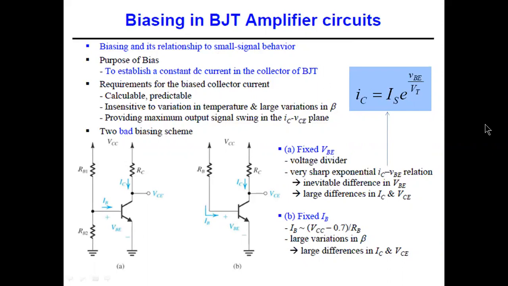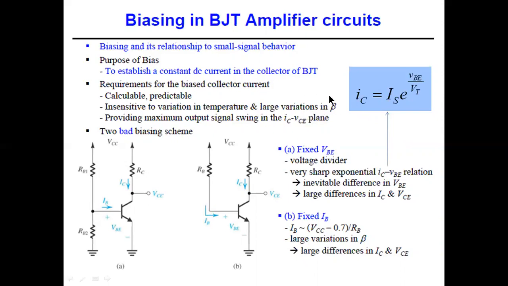To have it constant, the biased collector current should be calculable and predictable. It should also be insensitive to variation in temperature, and even though there are large variations in beta. That just means that even if the temperature changes, the value of the DC collector current should be constant.